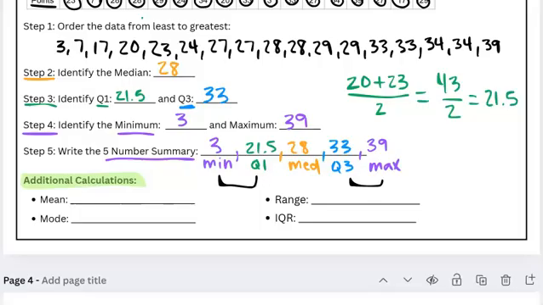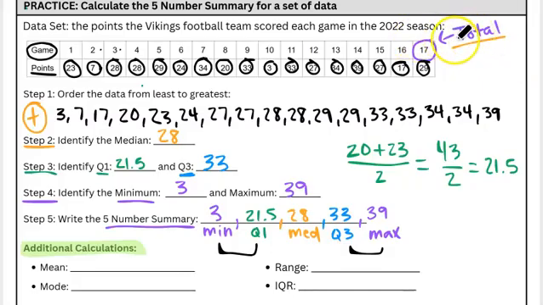But how we find it, it is the sum of a set of numbers divided by the total count of numbers in that set. So we add up all the numbers, all of our data points. We're going to add up all of these values. And then we are going to divide by the total amount of numbers, which again was 17, that total amount of data points that we have.